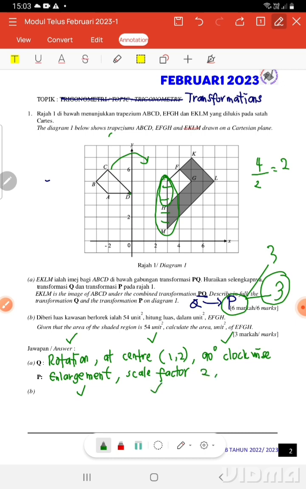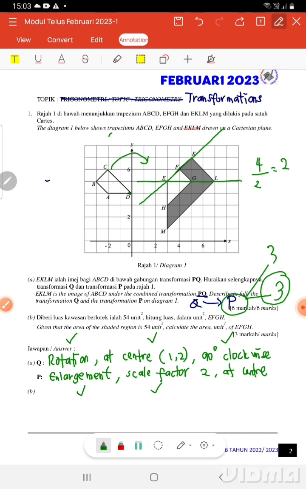And last but not least, you have to state the center. So how to find the center of enlargement? Very easy. You see your E will enlarge to K, right? So make one line that connects E to K. Then your G will become your L. So make one line.